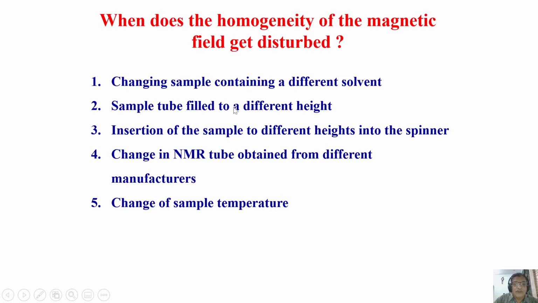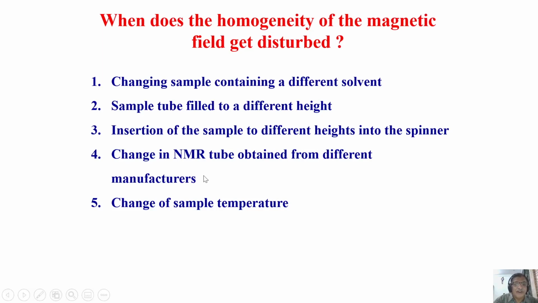If you have sample tubes with different heights, if you don't take the perfect height of the sample in the tube, you may get into problems. And you have to have the perfect height of the sample inside the spinner, which should completely fit into the RF coil in the probe. Otherwise, you may get distortions.